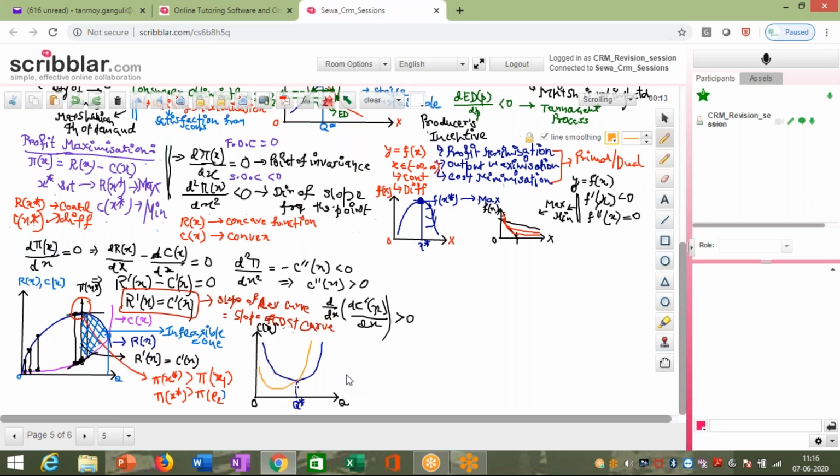So therefore, following an upward sloping marginal cost curve, the prices will also increase.